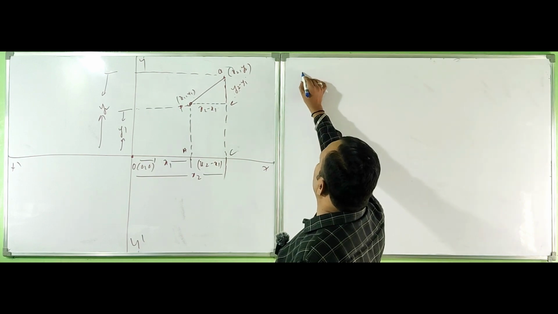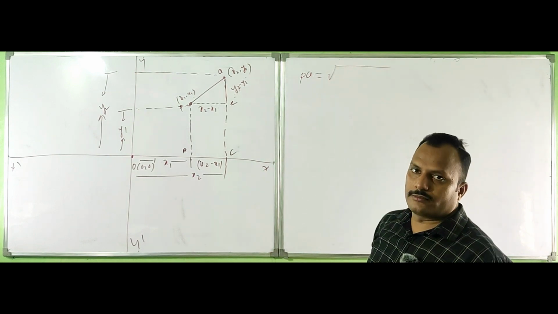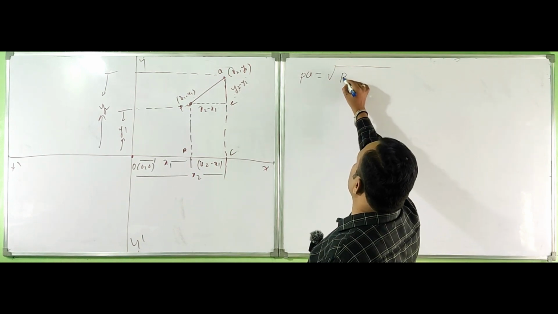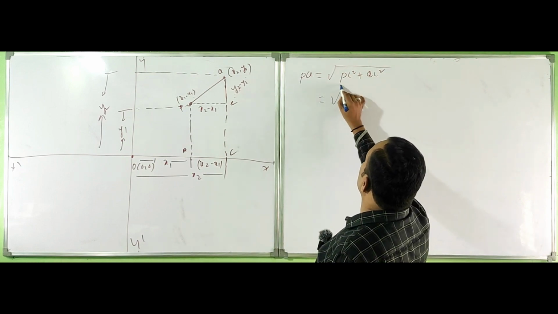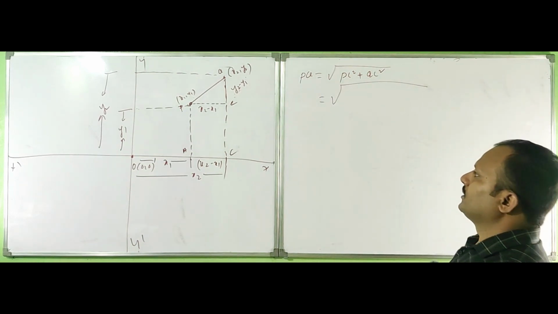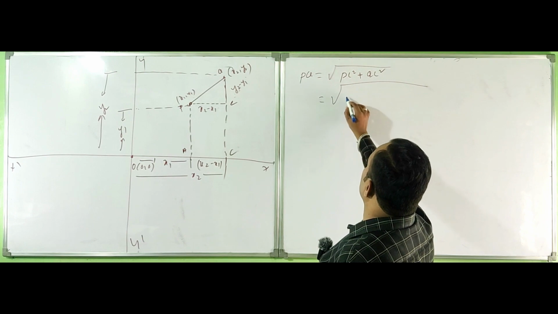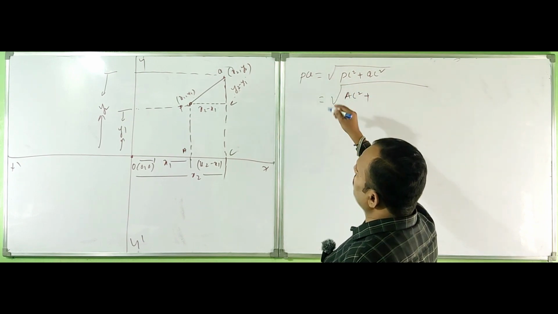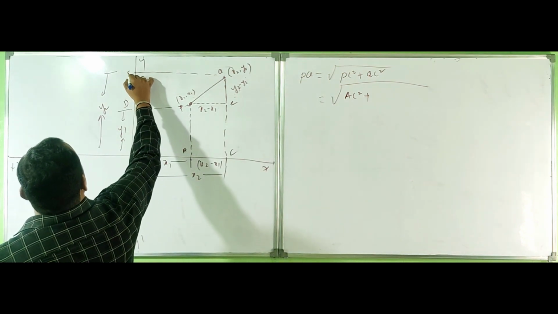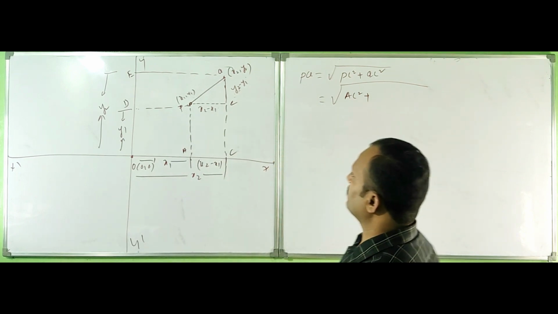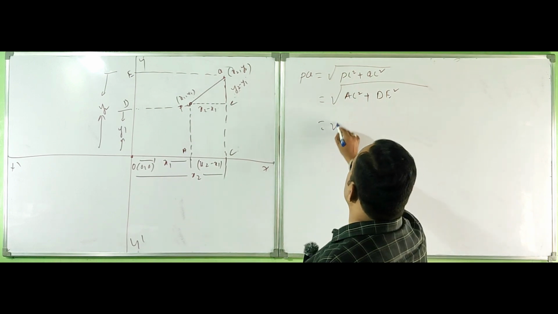PQ is equal to the square root of, by the Pythagoras theorem, PC square plus QC square. What is PC square? It is AC square plus QC square, the D and E points.